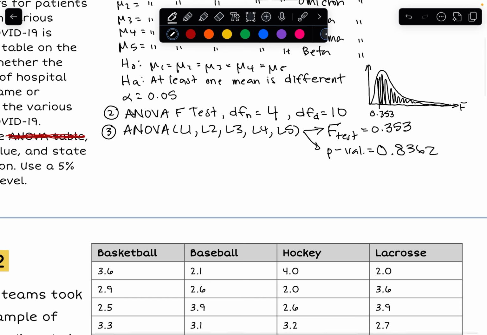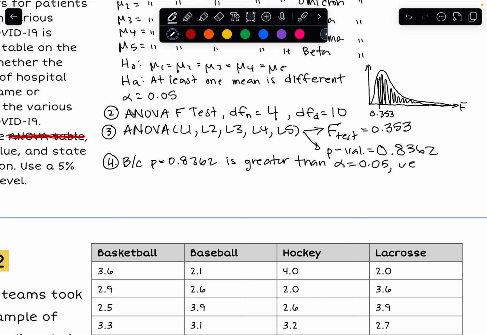From here, it should feel very familiar because P equals 0.8362 is greater than alpha equals 0.05.